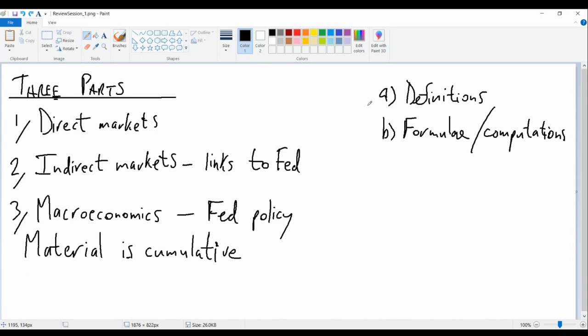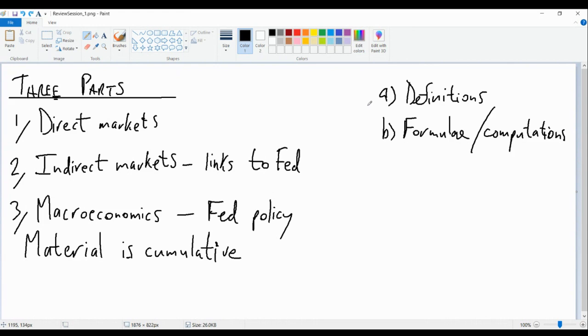So what does that mean? It means that you should probably review the balance sheet worksheet that's under exams. That would be important because you may be asked to do some computations with balance sheets.